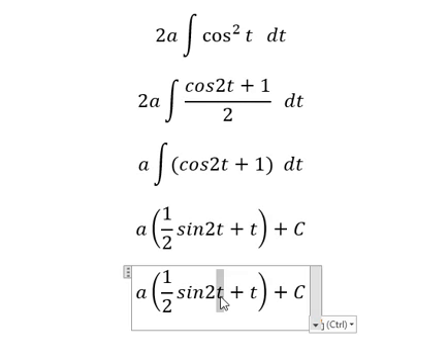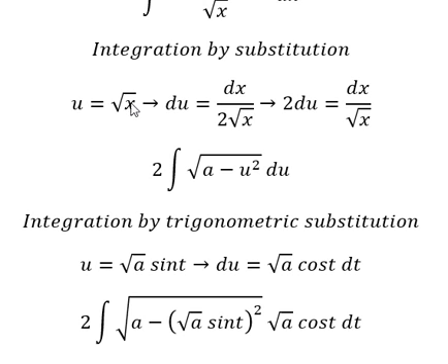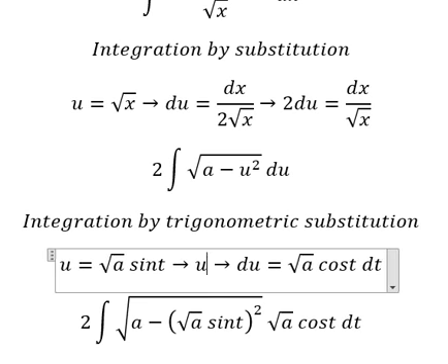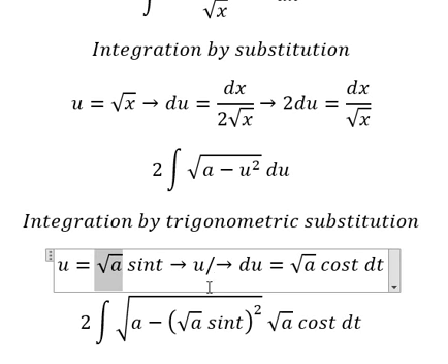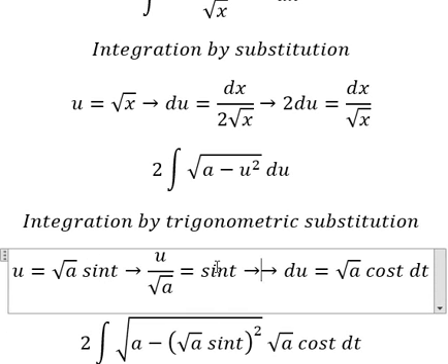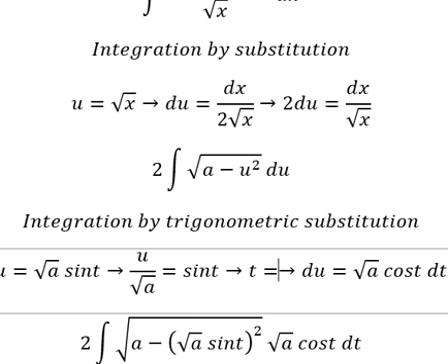About t, that is about this one. So we divide both sides by the square root of a. And now we can find the value of t.